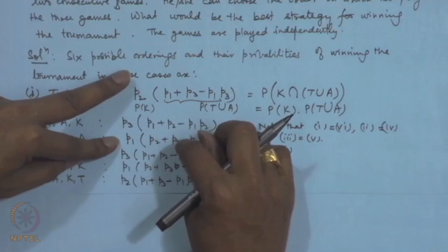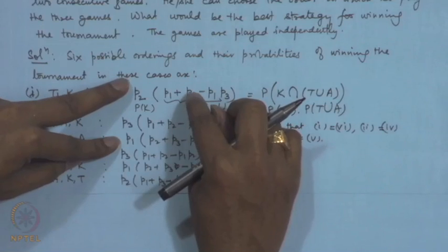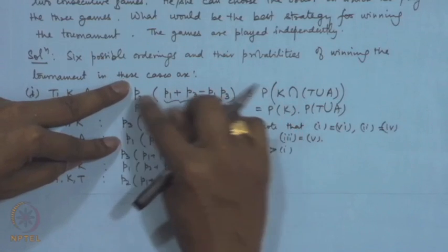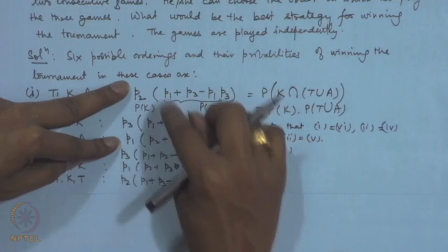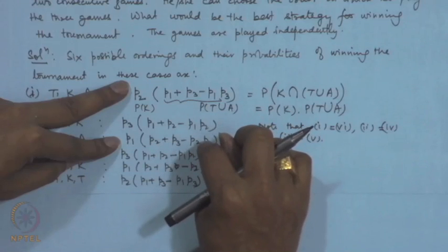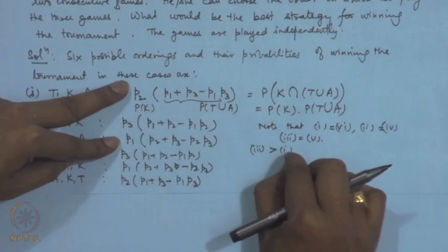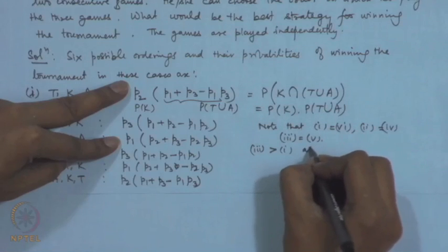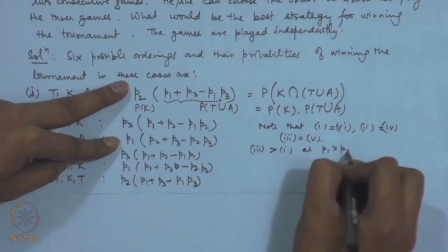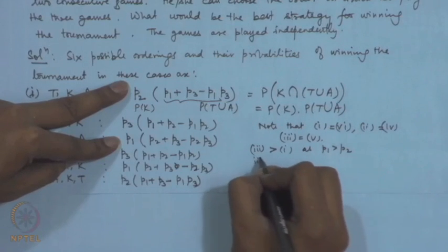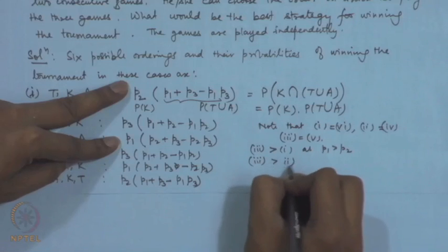P 1 P 3: out of P 1 P 3, P 1 is bigger than P 2. So, P 1 P 3 is bigger than P 2 P 3, the last term is minus P 1 P 2 P 3, that is common. Therefore, 3 is bigger than 1 as P 1 is bigger than P 2. Similarly, you can note that 3 is bigger than 2 also. Why?